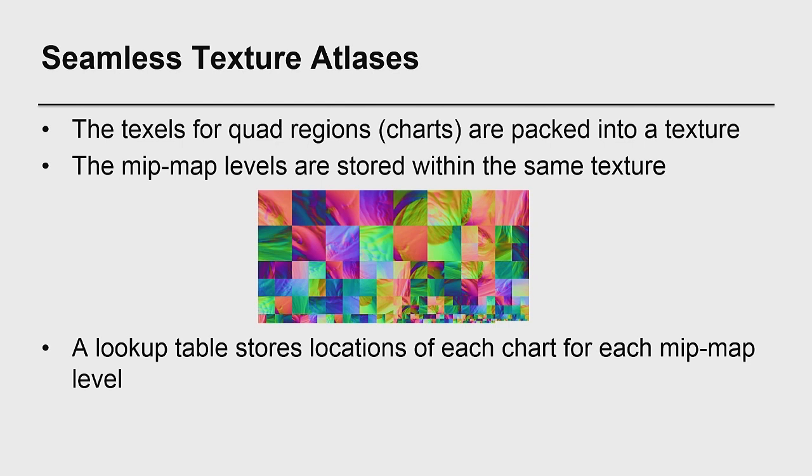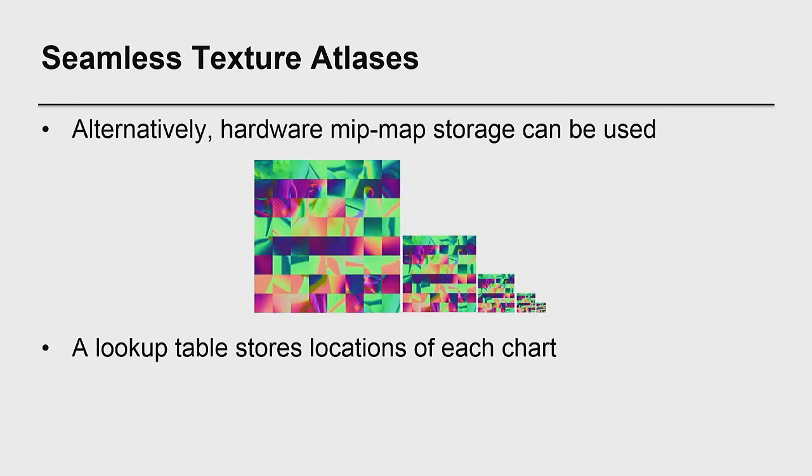So each chart will be treated as if it's a completely separate texture, but they're going to be stored in this one texture that contains everything, and we just need to know what part of that texture to read. If you want to make use of hardware bitmap storage, you can actually do that. You can pack your bitmaps differently, and in that case, you're going to have a different type of lookup table stored.